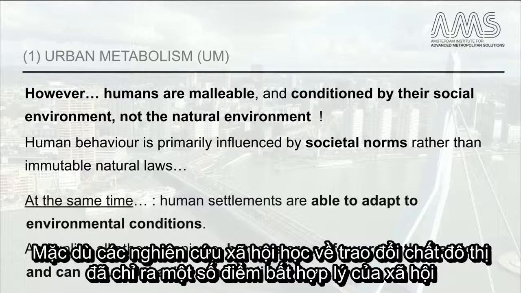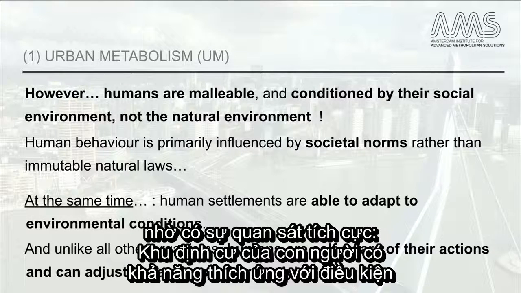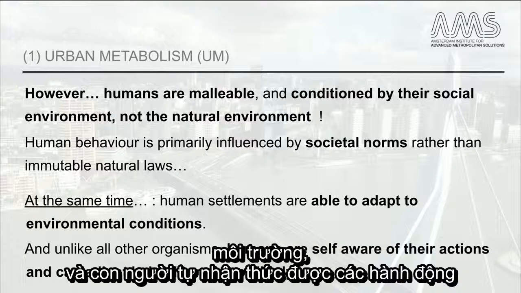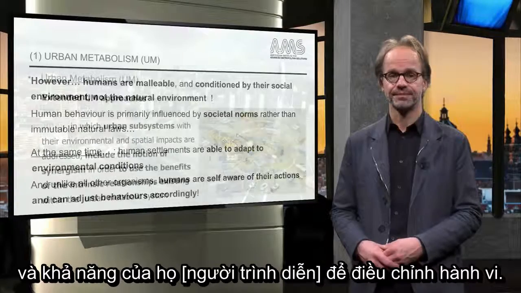Though sociological studies of urban metabolism have shown some irrationality of societies in regard to essential streams, there is one thankfully positive observation. Human settlements are able to adapt to environmental conditions, and humans are self-aware of their actions and thus capable to adjust behaviors.